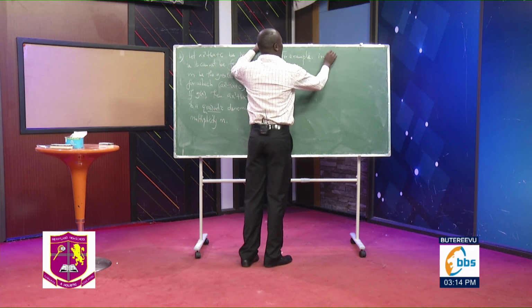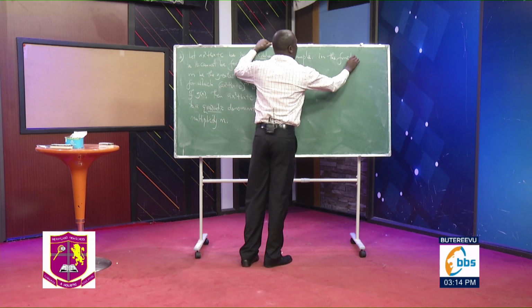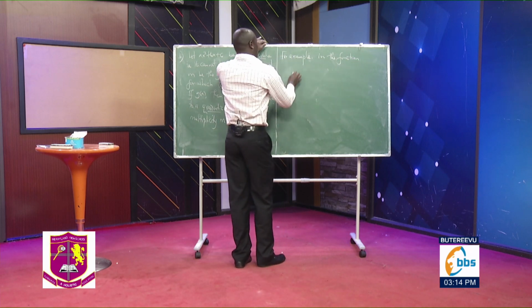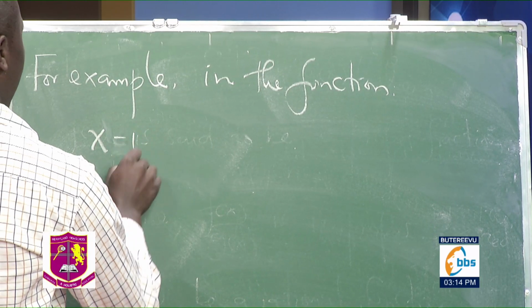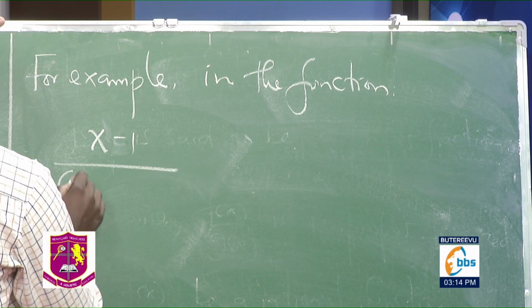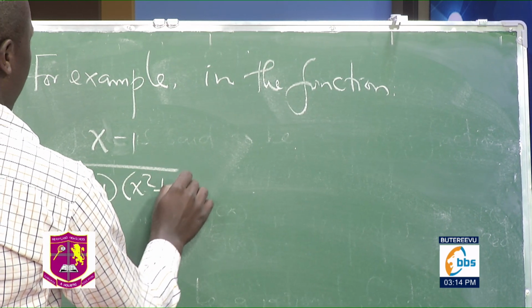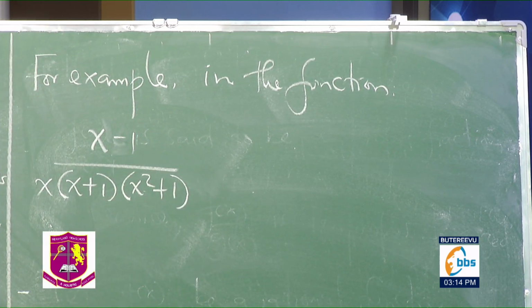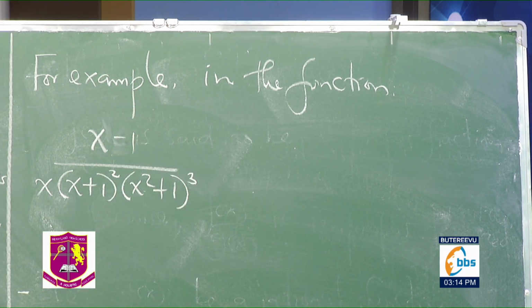in the function, say, x squared minus 1 over x into x plus 1 into x squared plus 1, in that expression there, we could introduce some powers so that we may bring out the concept of multiplicity.